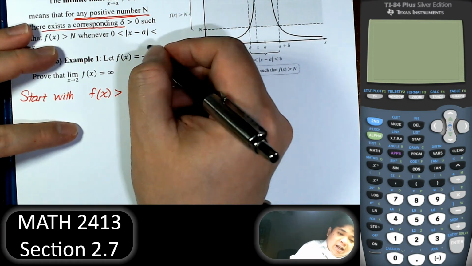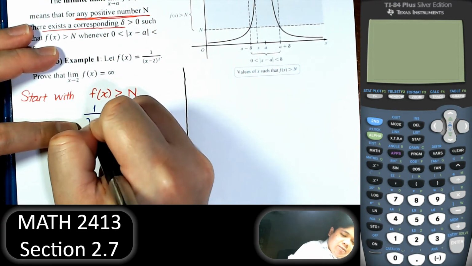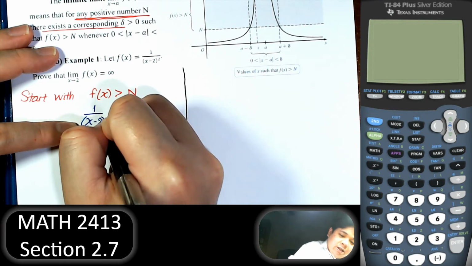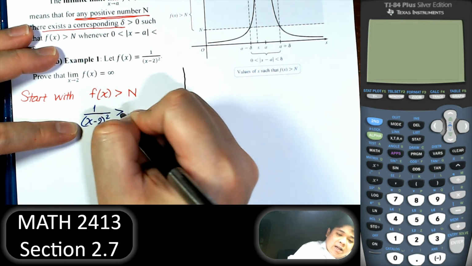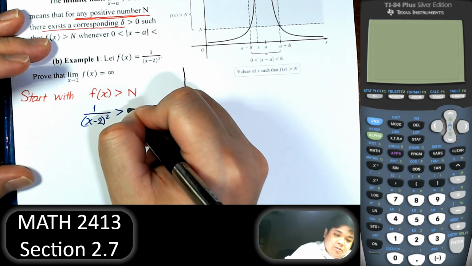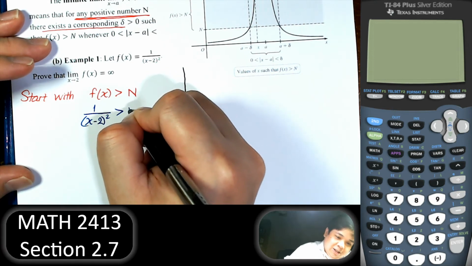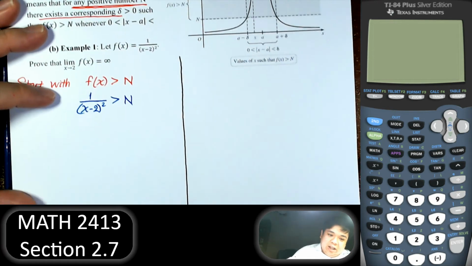f of x is 1 over (x minus 2) squared, and n is n. How do we go from there to here?